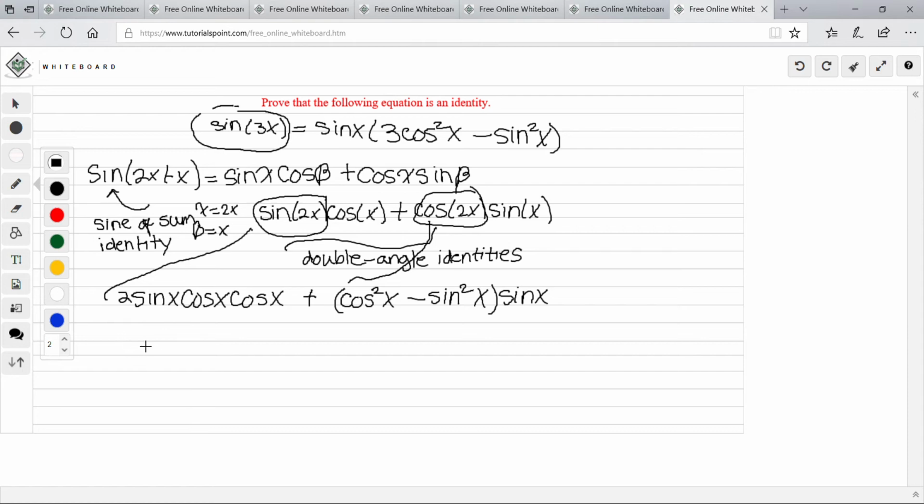So this 2 sine x, and then cosine x times cosine x is cosine square x, plus now we have to distribute this, so that's sine x, not alpha, times cosine square x minus sine square x times sine x is sine cube x. Now let's simplify.